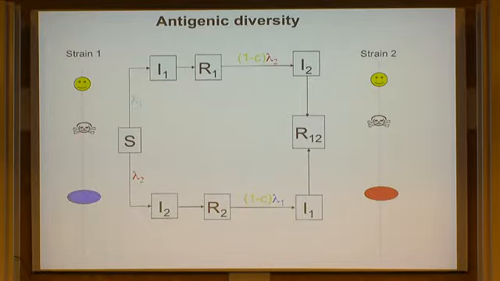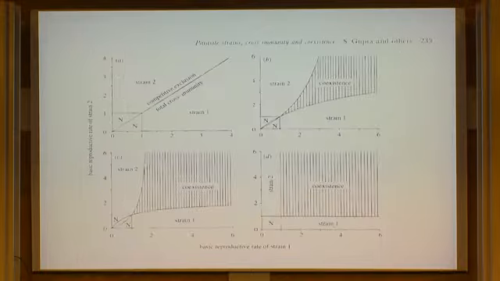And what you see in a simple framework like that, when you allow cross-immunity to vary, is that when you have absolutely no cross-immunity at all, you get a region of complete coexistence of the strains. The axes here represent the R0s of strain 1 and of strain 2. So you get complete coexistence when there's no cross-immunity.